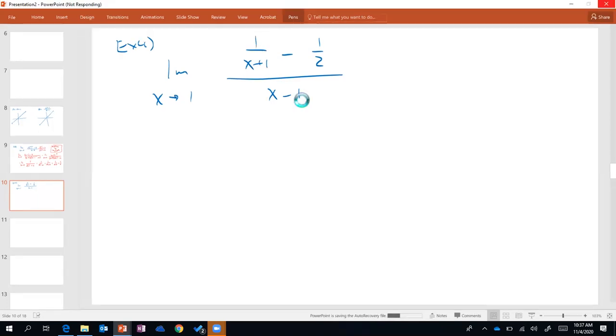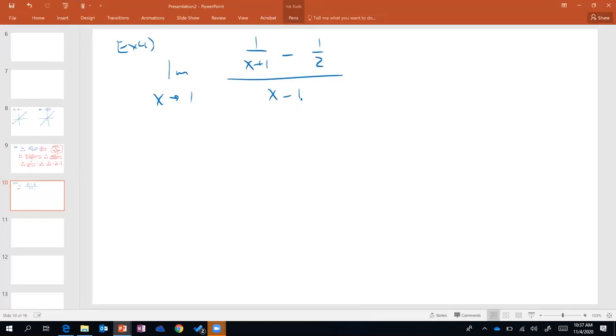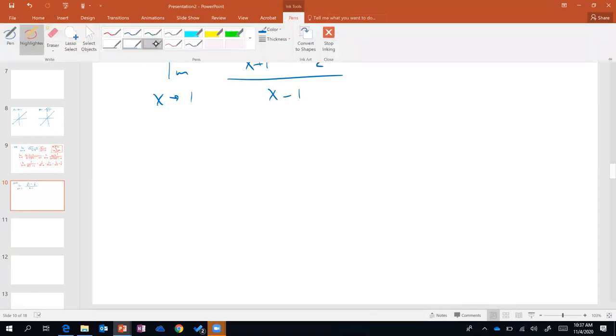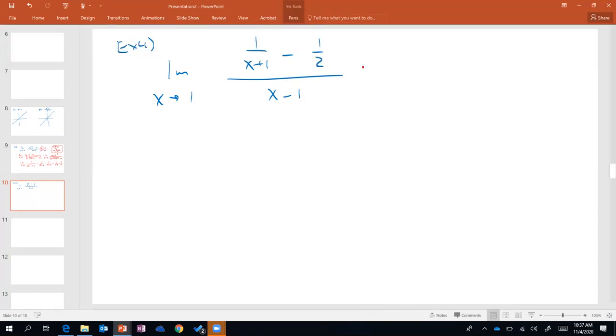You simplify the top as much as you can and then multiply through by common denominators, or you just multiply through by common denominators. So let's multiply through. I see a common denominator here is 2, as well as x plus 1. I'm going to multiply that here and here.